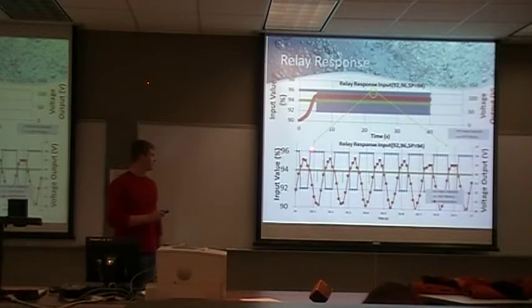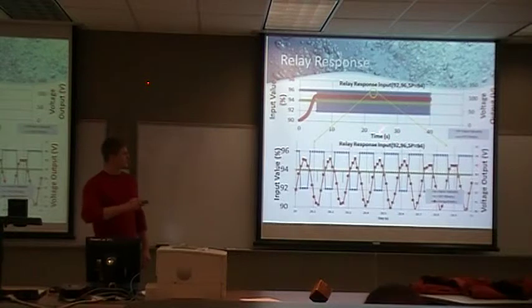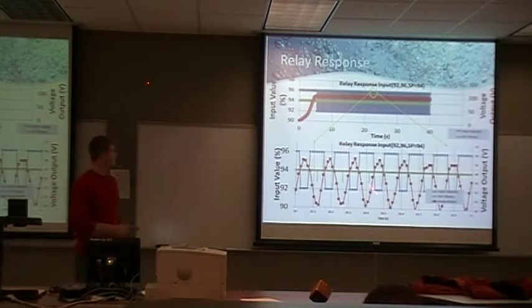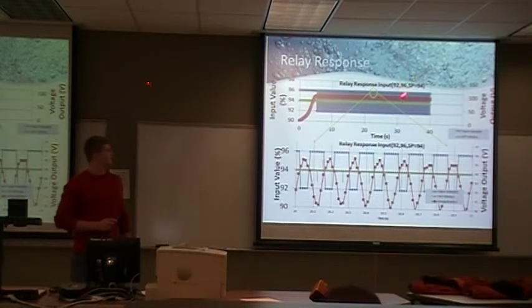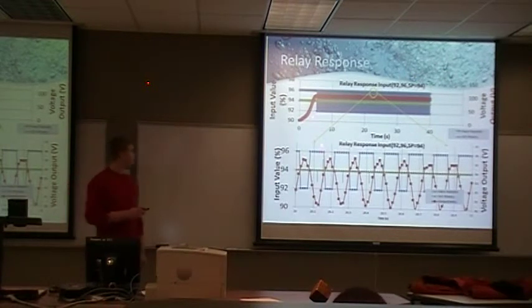At that point, the input then drops to the floor value until the output drops below the set point. This happens periodically until your experiment time runs out. This is just an example with a floor of 92, a ceiling of 96, a set point of 94.